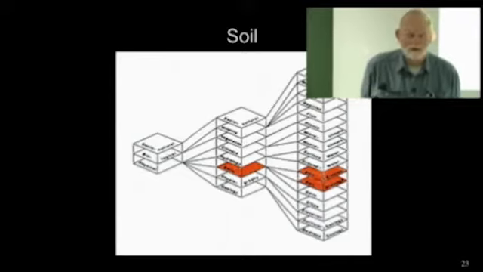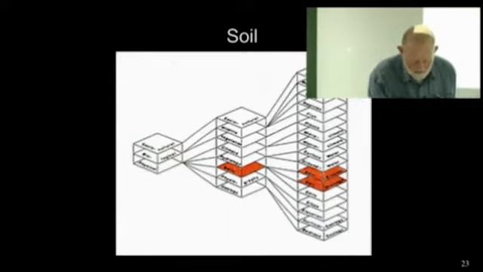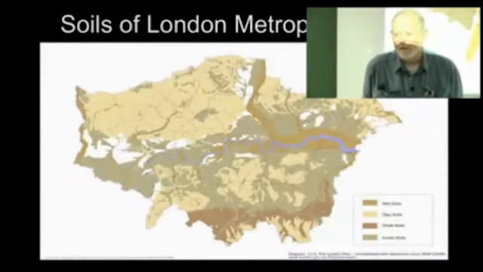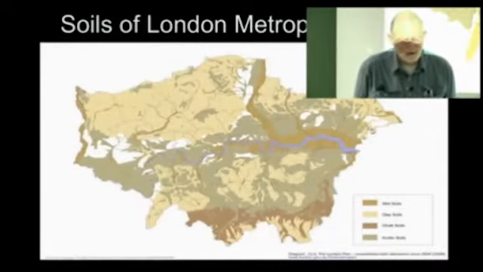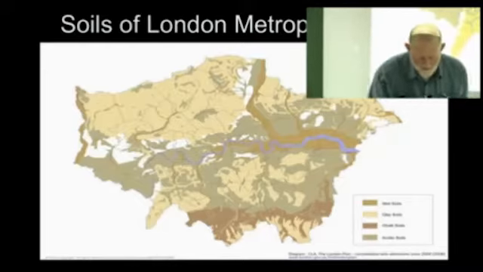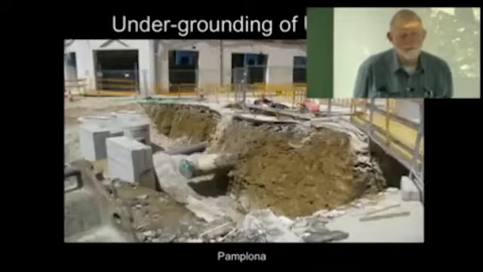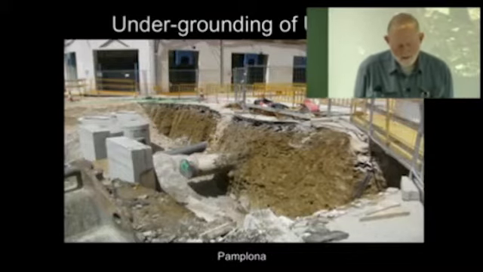Soils is the next layer in this layer cake, and soils vary considerably within an urban area. We have mixtures of naturally occurring soils, and we have soils that have been affected by human activity: the undergrounding of utilities, the covering of former settlements often changes the soil from its natural pattern.